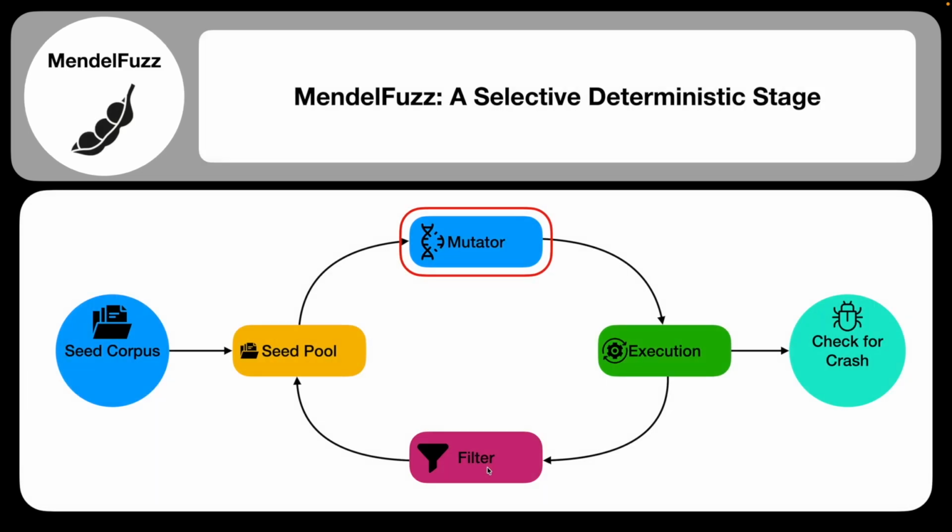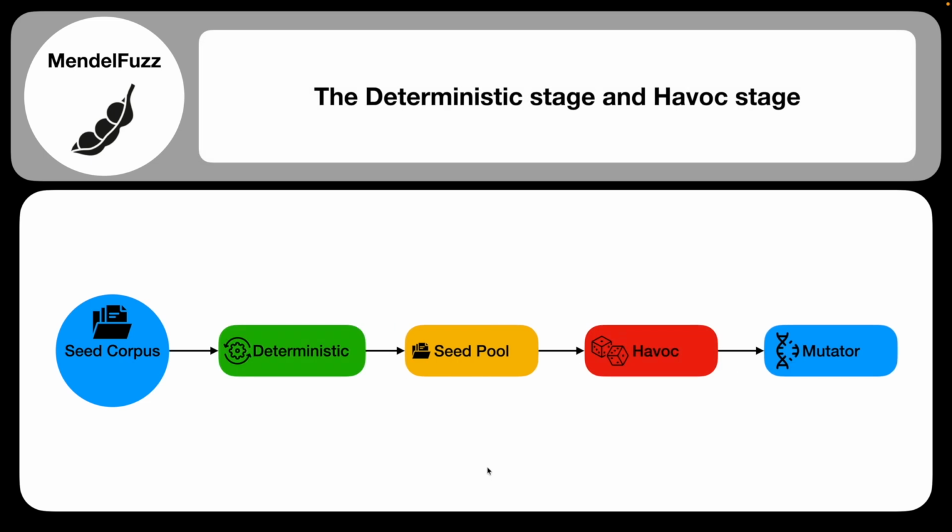So in a simple fuzzing loop, mutation only occurs inside the loop. So in this diagram, the mutator only exists at one point, but in reality there are actually two stages to fuzzing with modern fuzzers, where we have this deterministic stage and the havoc stage. This deterministic stage is new in the sense that in 2013, AFL introduced a deterministic stage.